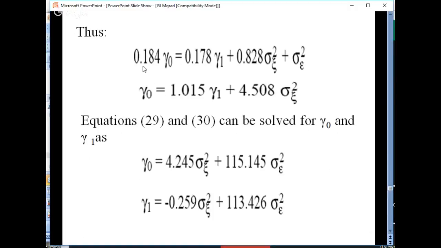So I get 0.184 gamma 0 plus 0.178 gamma 1 plus 0.828 sigma squared of the squiggly line, the variance of our error term in investment, plus the variance of our error term on consumption. So I get gamma 0 is equal to 0.015 gamma 1 plus 0.4508. I'm sorry.